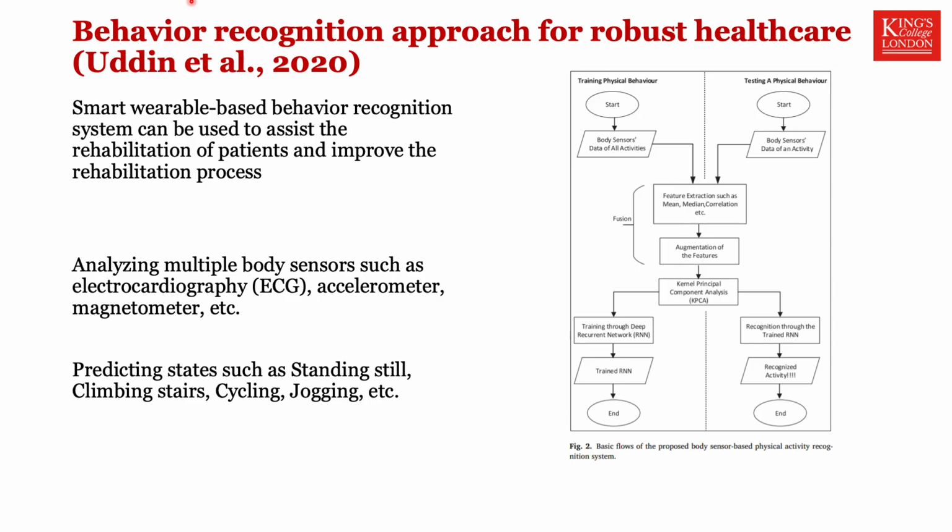And you can then use the information on those devices to try to predict something that has been happening to the patient without the patient having to report things themselves. So using wearables, for example, to recognize certain types of behaviors so that you can, for example, assist in the rehabilitation of these patients or improve the way that they are treated in their care.